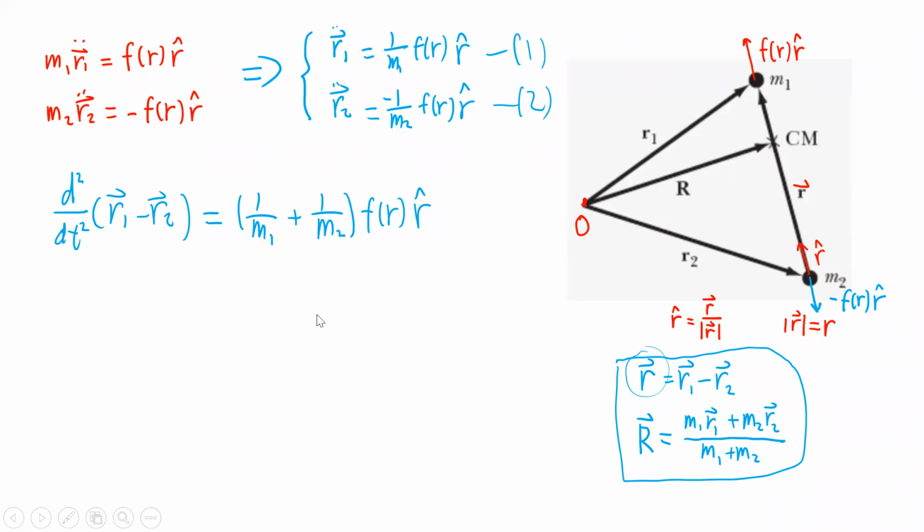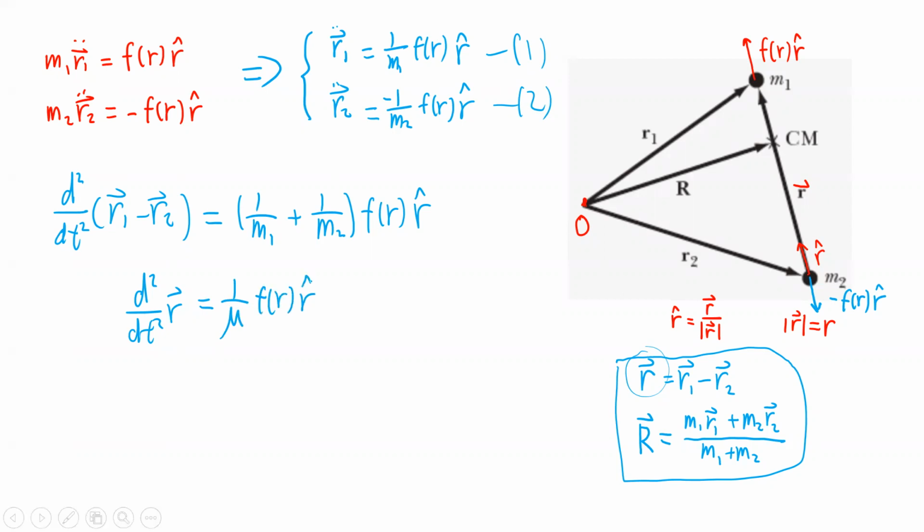Here I will write the following: the left-hand side is R double dot, and the right-hand side I'm going to call 1 over mu times F of R hat.